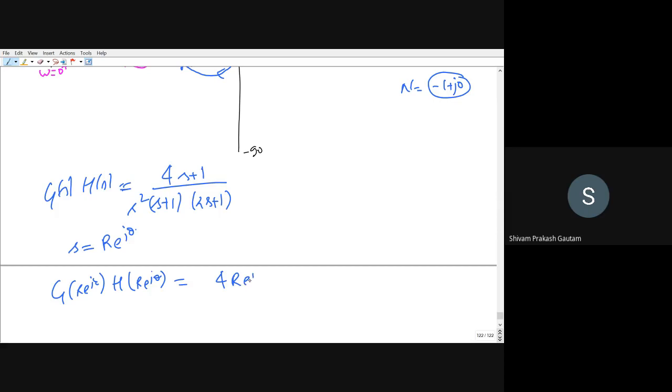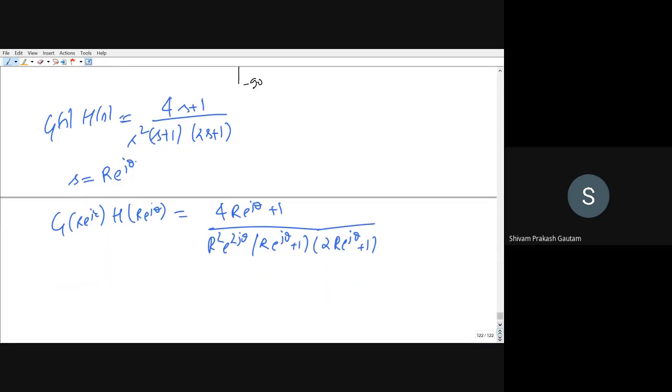So we get 4 R e to the power j theta plus 1 upon R square e to the power 2 j theta, because of the s square term, times (R e to the power j theta plus 1)(2 R e to the power j theta plus 1). You have to put the limit as well, that means limit capital R tends to infinity.